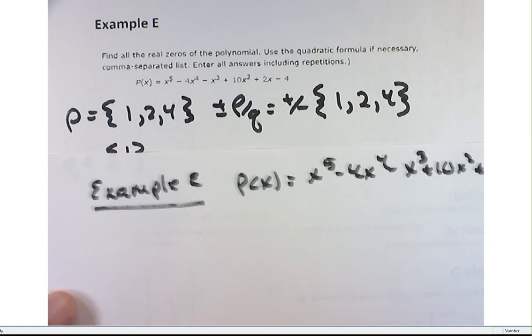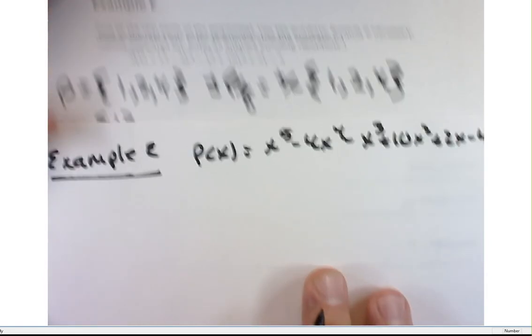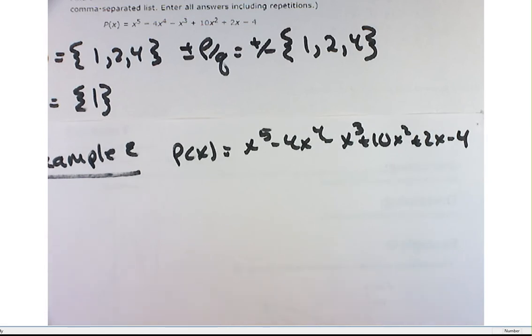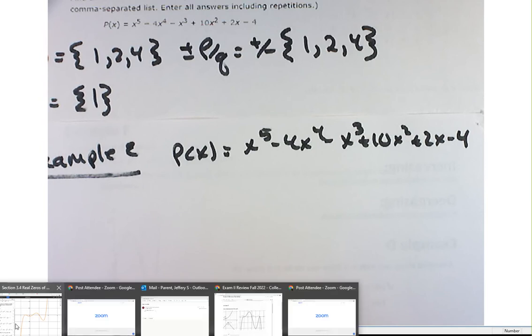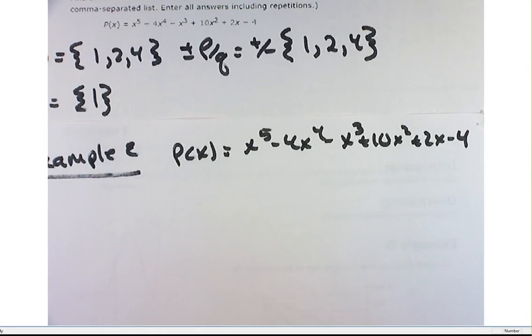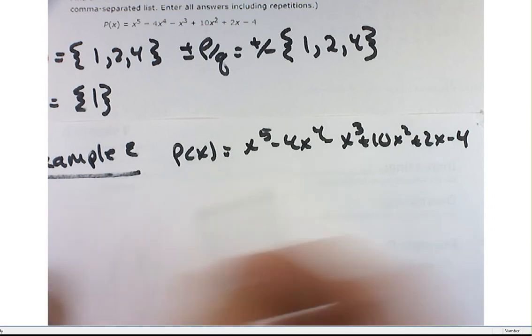Ooh, a lot going on with that one. Let's see if we can't get a handle on one of the roots. Something that I can put in there to get a 0 out of it. Let's take a look at our graph. And it looks like -1 is a root. Pretty confident about that. So, okay. Let's see then.